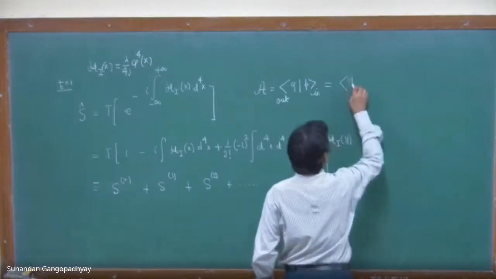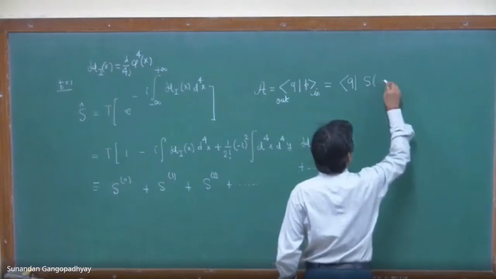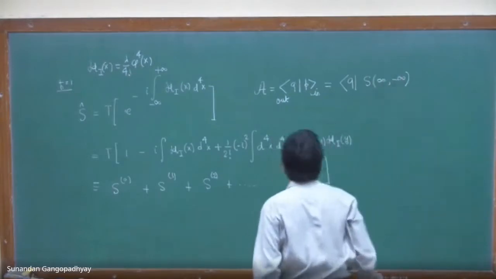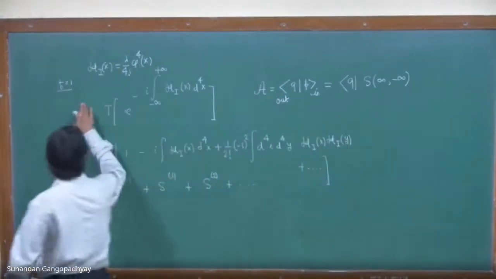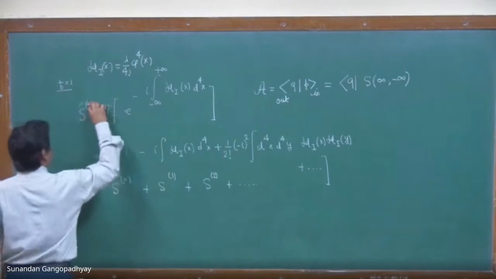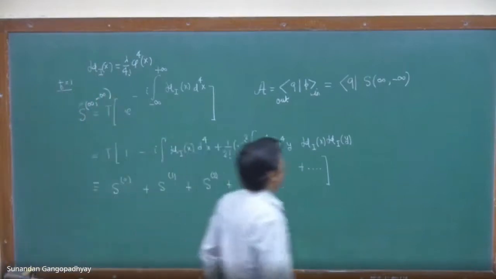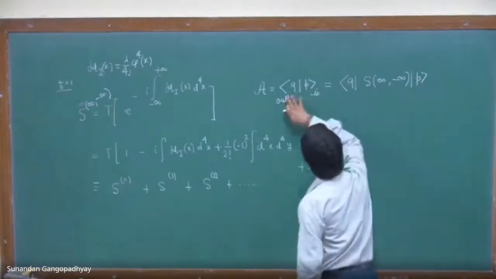This is what we want to calculate, and we have seen that you can write this in the following way. This is basically the S matrix operator, S from infinity to minus infinity, between the in state p and the out state q.